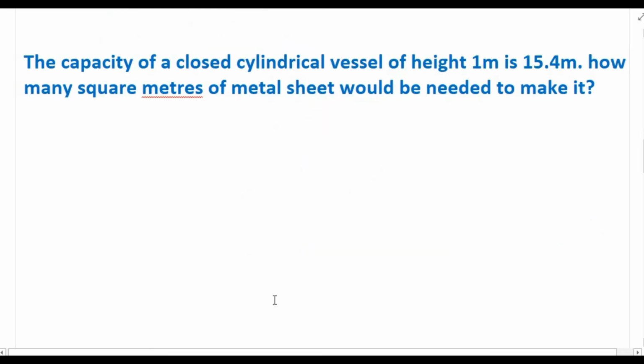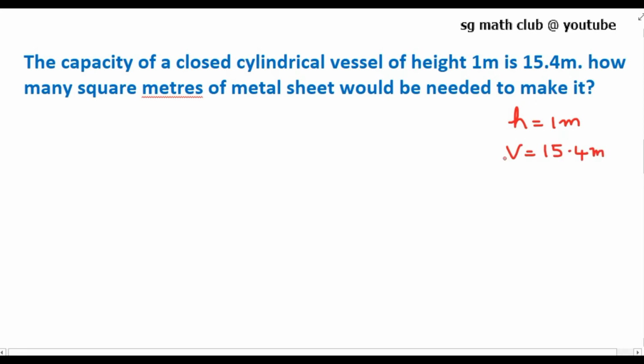So the next question. The capacity of a closed cylindrical vessel of height 1 meter is 15.4 meter cube. That is, volume is 15.4. How many square meters of metal sheet would be needed to make it? So already they have given the capacity of the cylindrical vessel.